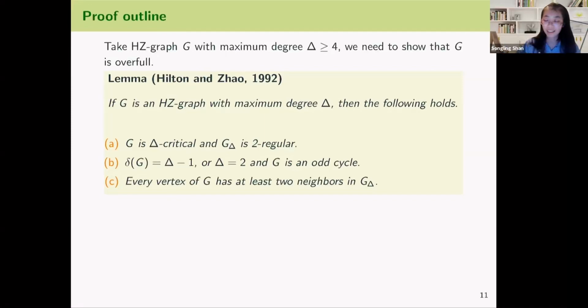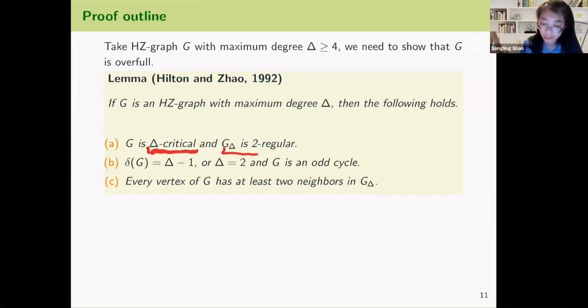I will not show the work, but if any of you are familiar with Vizing's adjacency lemma, it's really easy to prove. So for a connected class 2 graph whose core has maximum degree at most 2, such graphs are actually delta critical.